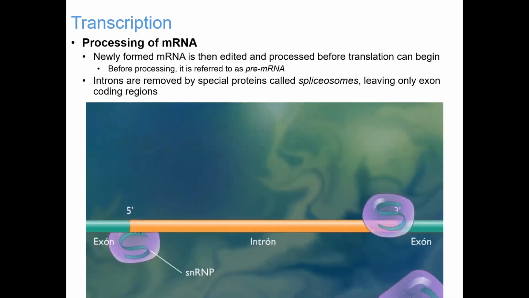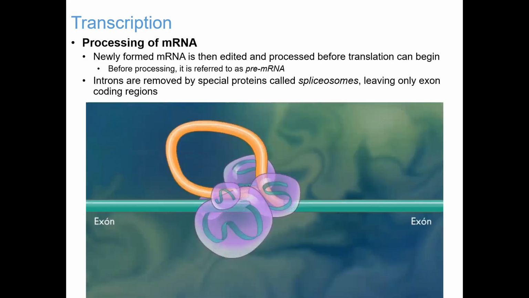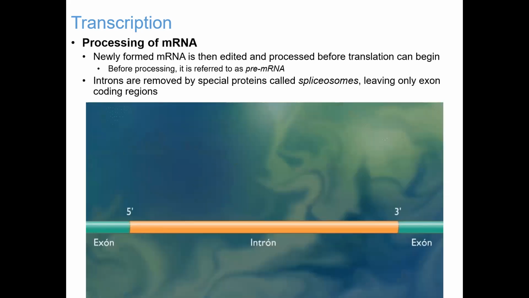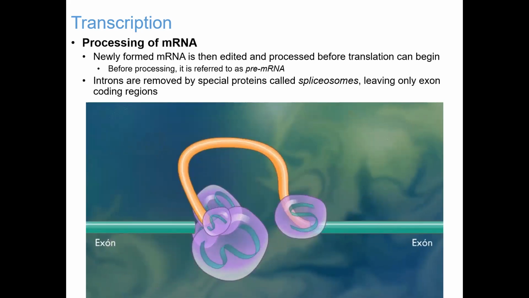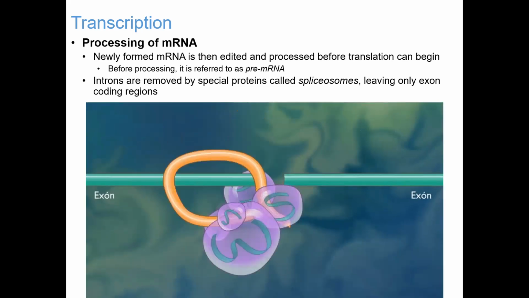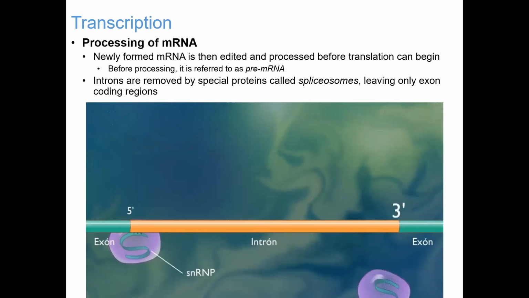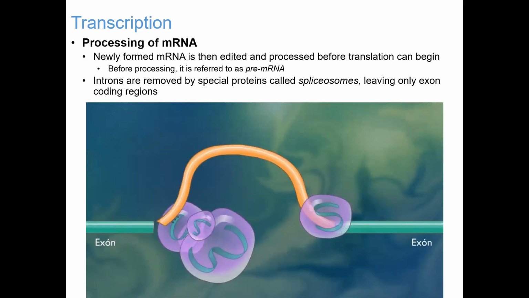We used to call it junk DNA, but it's not. We don't know what it's there for. It's called non-coding. The non-coding material that you see here is that yellow section, and it's called an intron. An intron is a segment of information that is non-coding.